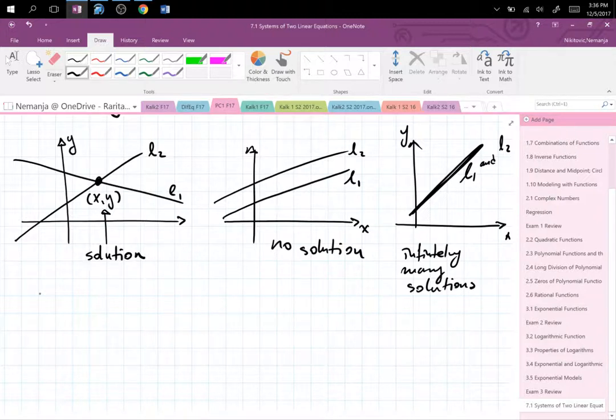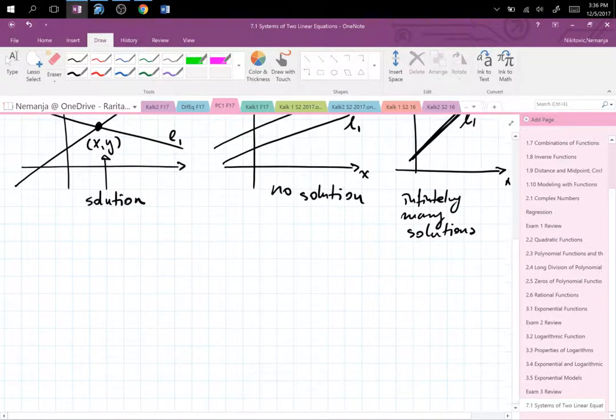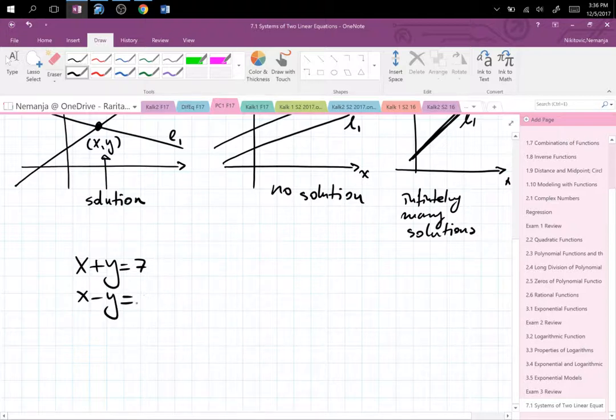Also, if it turns out that the lines intersect away from what you would consider a nice point, it would be difficult to read the decimals and fractions off of the graph. But I can try. So x plus y equals 7 and x minus y equals negative 1.